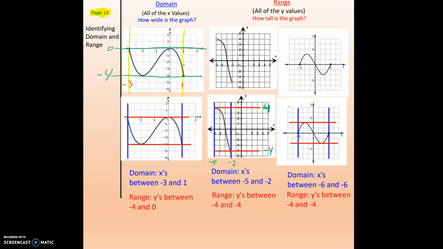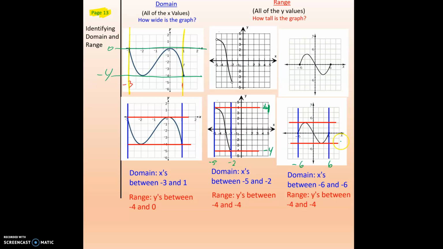The third graph, going sideways, the x's are the domain. The furthest left it goes is -6, and the furthest right is +6. So it's in between -6 and 6. And the range, or the height, the lowest this goes, and all of these numbers are going by 2.